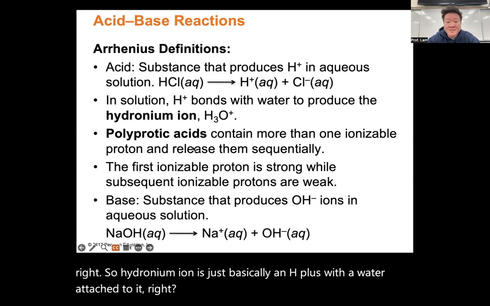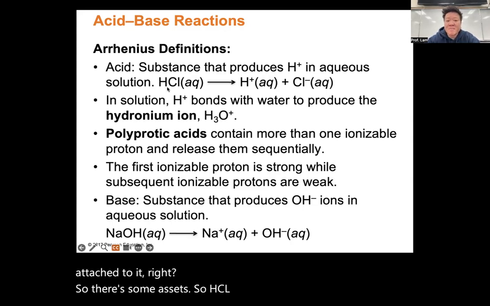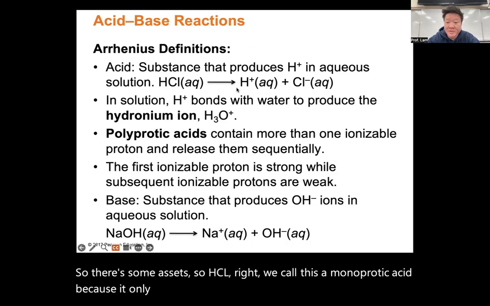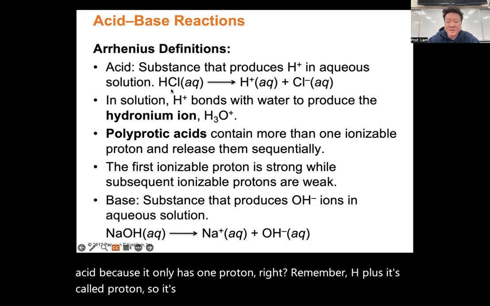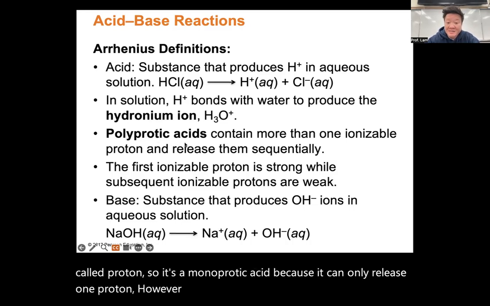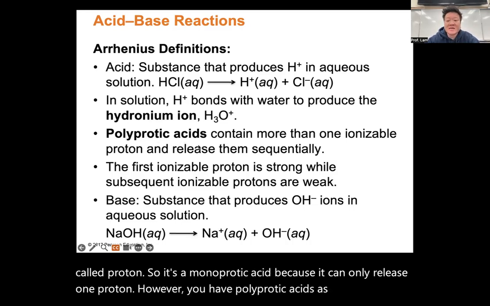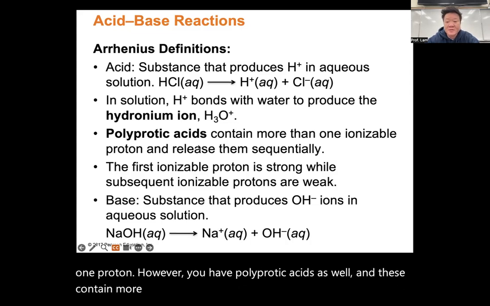So there are some acids, like HCl. We call this a monoprotic acid because it only has one proton. Remember, H plus is called a proton. So it's a monoprotic acid because it can only release one proton. However, you have polyprotic acids as well, and these contain more than one ionizable proton, and they get released sequentially.